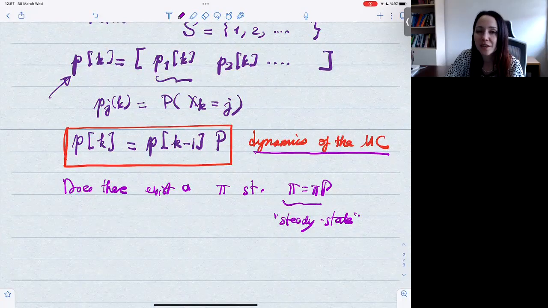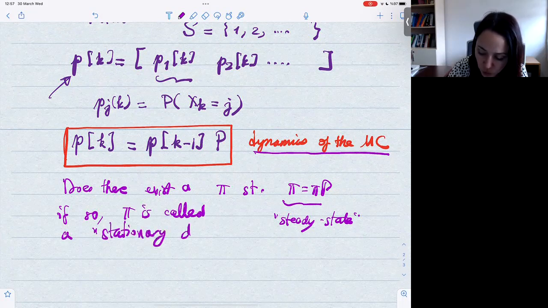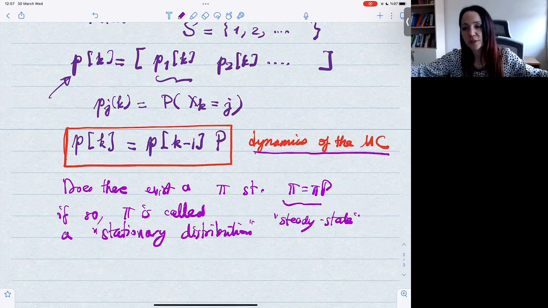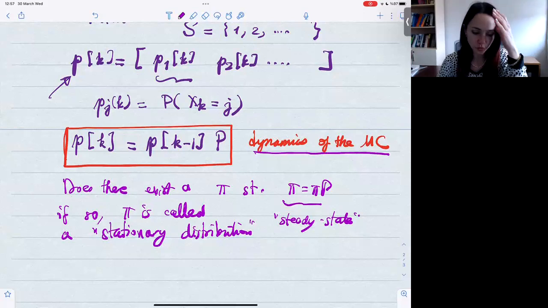It means that the probability vector has converged. Now, pi is called a stationary distribution. Once you get there, things are stationary, nothing happens. Probabilities of each state have converged.